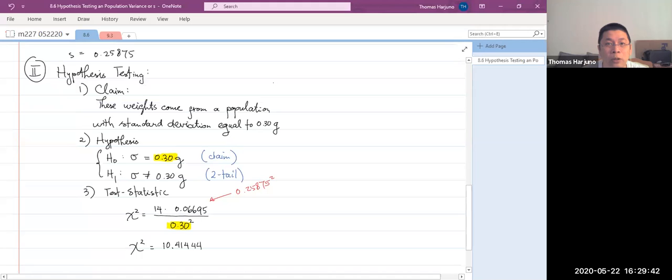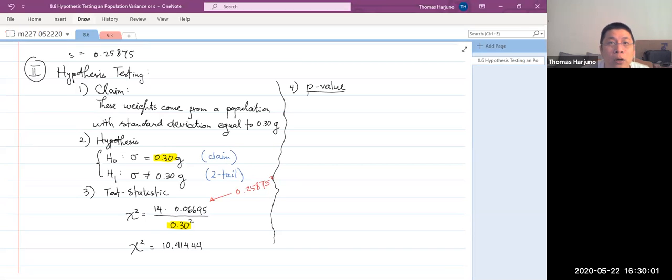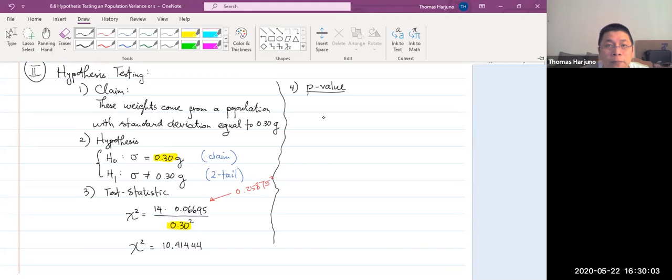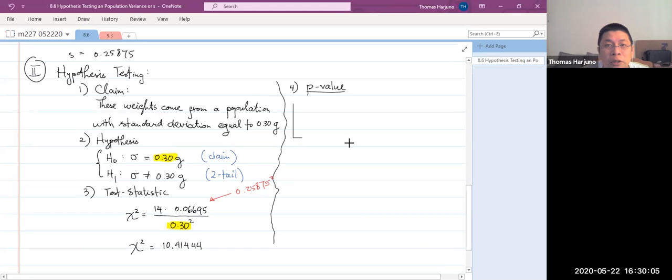Then what happens with our step 4? Step 4, p-value. Now our graph, the chi-square distribution looks like this.